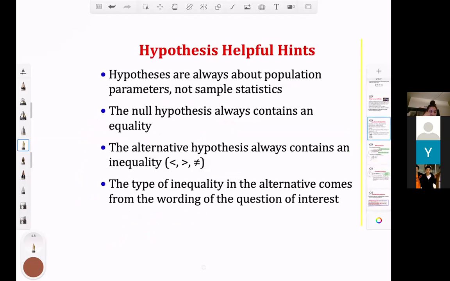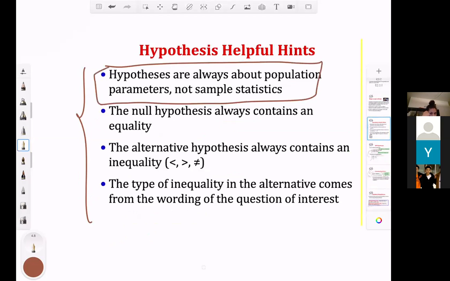There's a very important note here. Hypothesis helpful hints. Hypotheses are always about population parameter, not sample. So again, this is very important. You will see it in the homework. Both of them, H0 and HA, are always about population parameter.